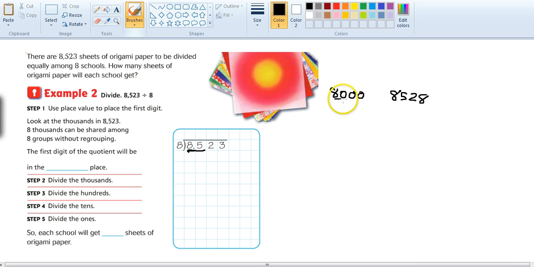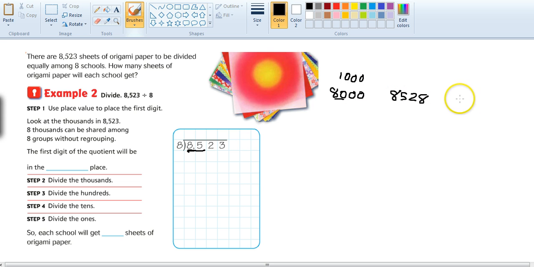We're still going to look at 80. And to solve this, how many 8s are in 80? That's 10. We're going to divide that for our quotient. But again, we have a number that is 100 times greater than 80, so we have to make our answer 100 times greater by multiplying by 100 or putting those 2 zeros there. So that's our first quotient, 1,000.